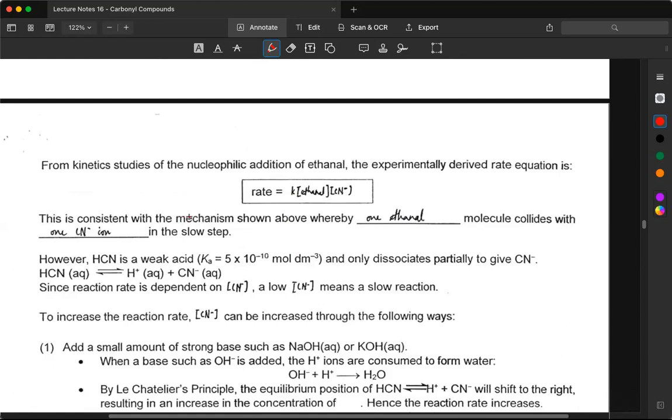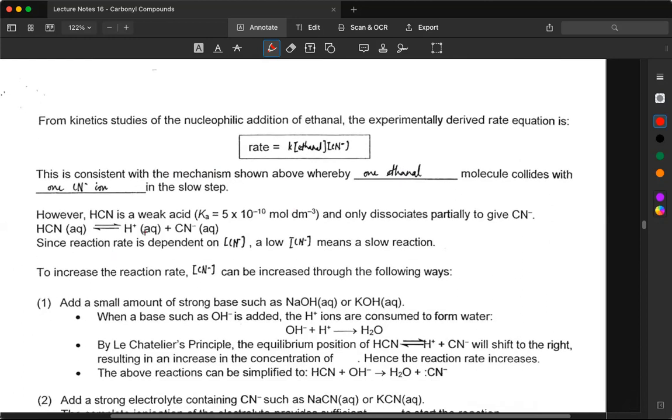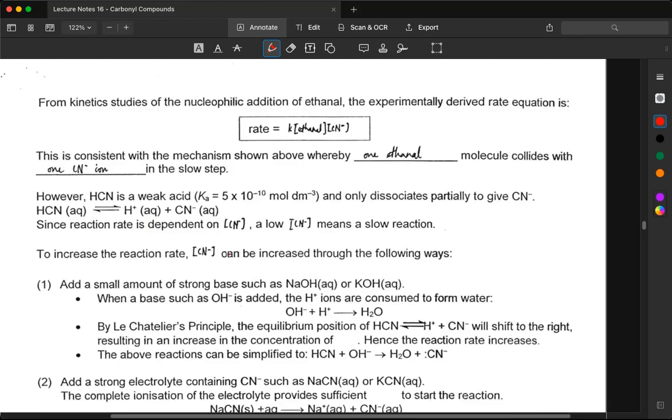This is consistent with the mechanism where one ethanal molecule collides with one CN- in the slow step. We need to take note that HCN is a weak acid based on the low Ka and only dissociates partially. So the reaction rate is dependent on CN-. If you have a very low CN-, it will be slow.